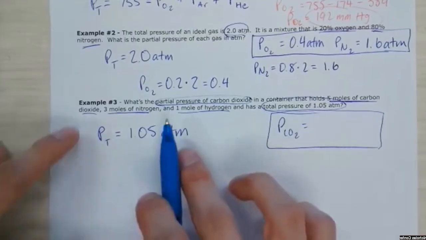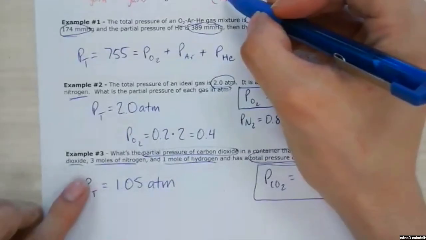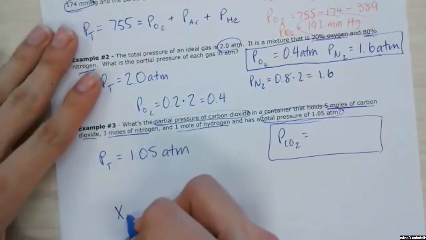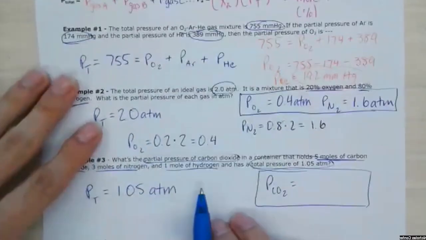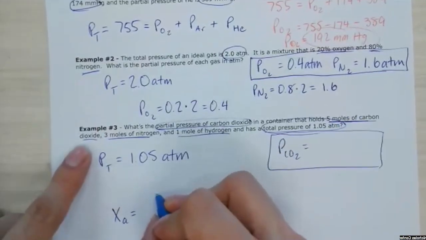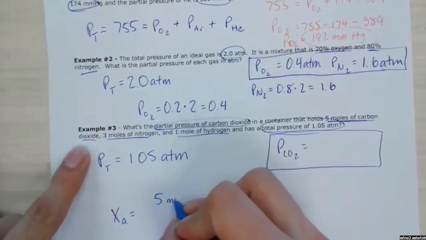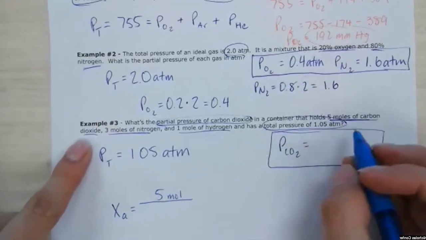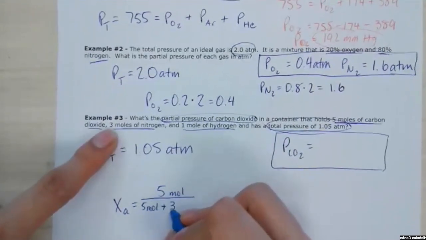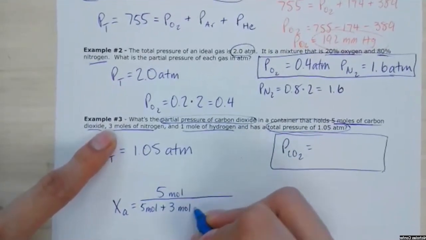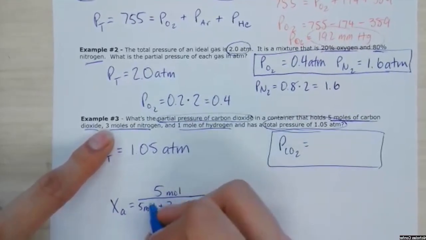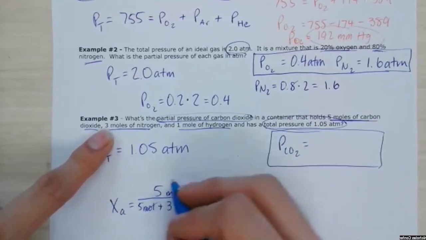So what I need to do is figure out the mole fraction of the CO2. Well, the mole fraction of CO2 is just going to be the part over the total. When I say the part, I mean carbon dioxide is 5 moles out of how many total? 5 moles of CO2 plus 3 moles of N2 plus 1 mole of H2. All those moles are going to cancel.